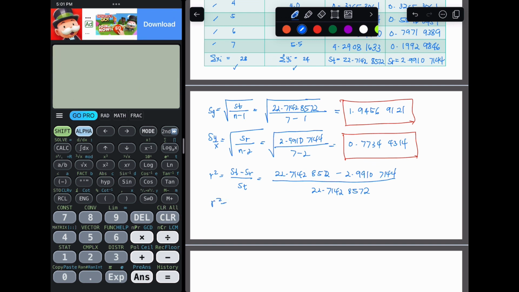So R squared will be 22.71428572 minus 2.99107144 divided by 22.71428572, which is 0.86831761.